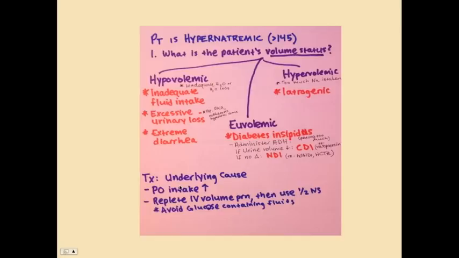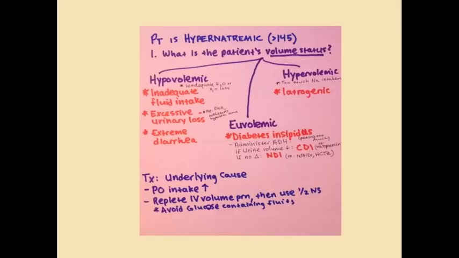And how are you going to replete that? You're going to replete that with normal saline. You don't ever give somebody a bolus of D5 half normal saline. You don't ever do it. Okay, so when it's an emergency and their blood pressure is 90/60 or they have decreased skin turgor, even if they're hypernatremic, you still give them normal saline, even though there's something else that you might give them later on down the road that has less sodium concentration in it.